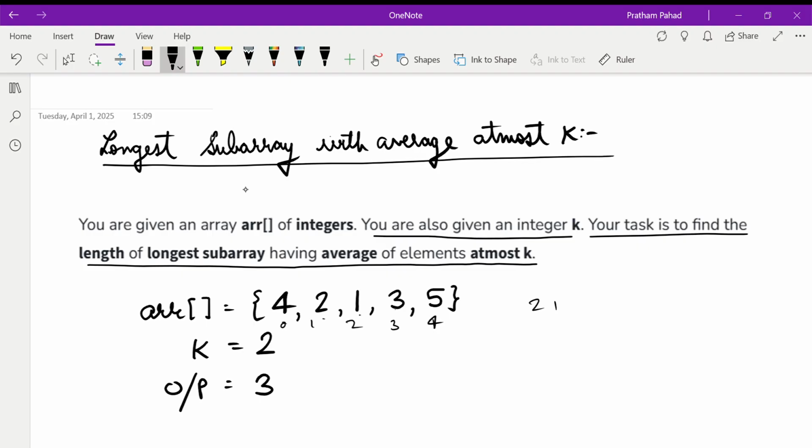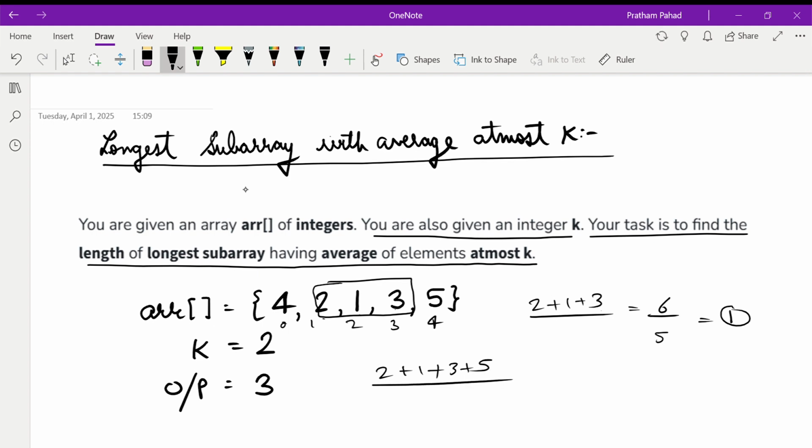Let's say 2 plus 1 plus 3, that is 6, 6 upon 3, which will give you 2. So it is at most k, like equal to or less than k. So 2, 1, 3 can be your subarray. Let's calculate for 2, 1, 3, 5.